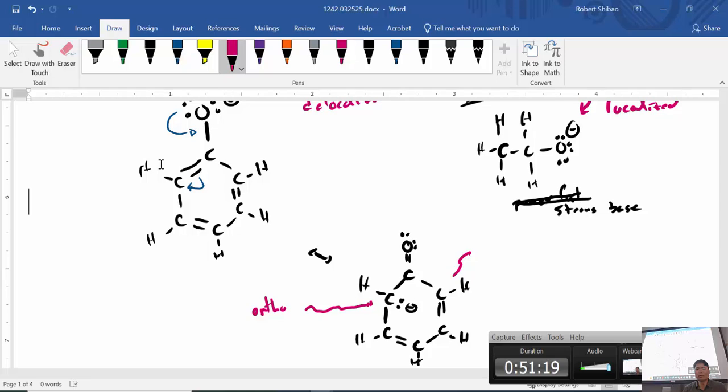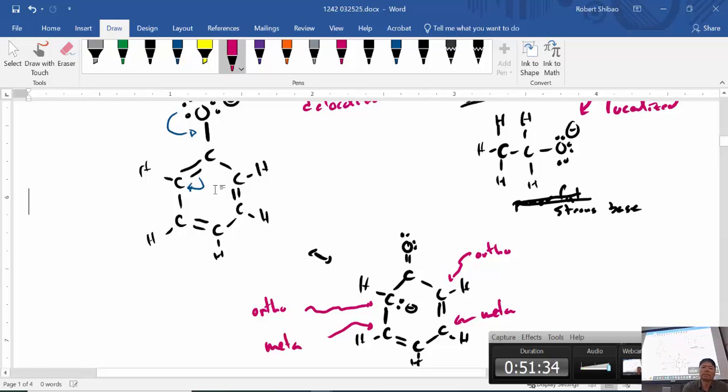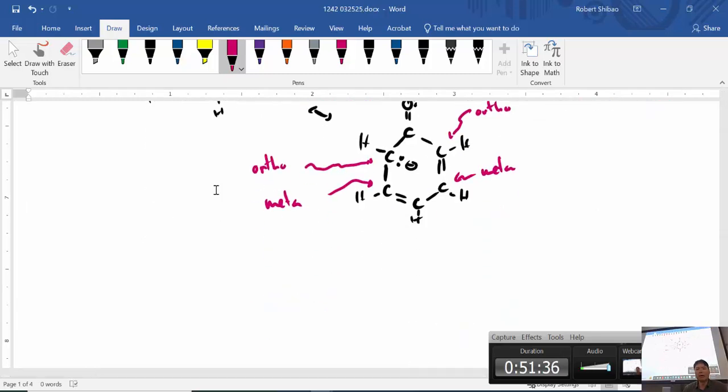This is also an ortho carbon here. It's ortho. This is called meta. We have two metas relative to the oxygen. And then we only have one para. The para is on the opposite end of the oxygen. And so we have ortho, meta, para.